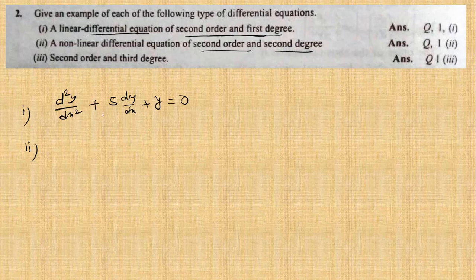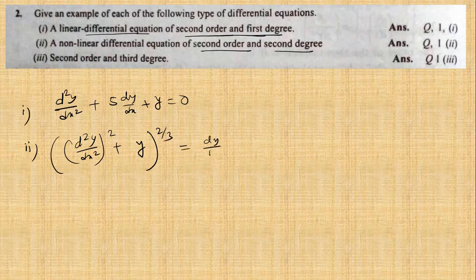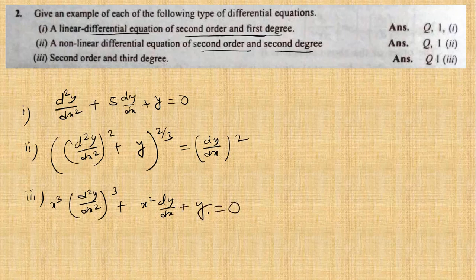Non-linear means you need to rationalize, so second order second degree, d2y/dx square whole square plus dy/dx, this is non-linear, like that. Number 3, a second order third degree, d2y/dx square whole cube plus x square dy/dx plus y equals 0, like that.